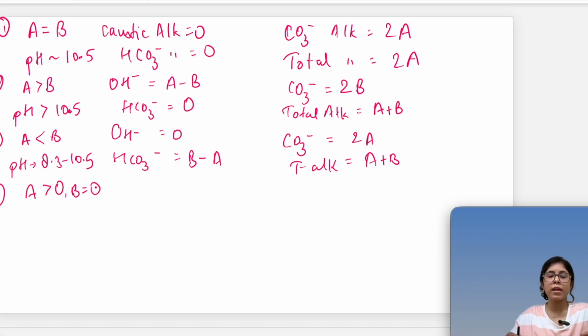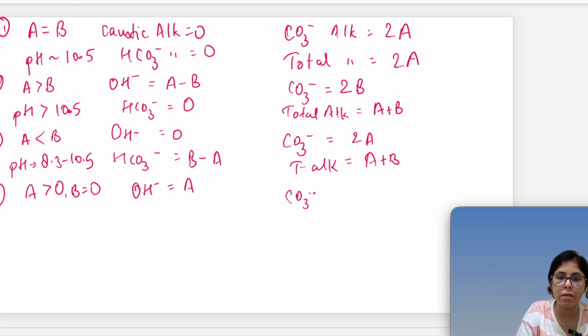And the fourth case, I can say, is if A is greater than 0 and B is equal to 0. That means the methyl orange indicator didn't work. We didn't have to take the volume of methyl orange titration, only phenolphthalein titration worked here. So in this case caustic alkalinity is there, that means OH minus alkalinity is A, and we have carbonate alkalinity CO3 2 minus as 0, and bicarbonate also 0.